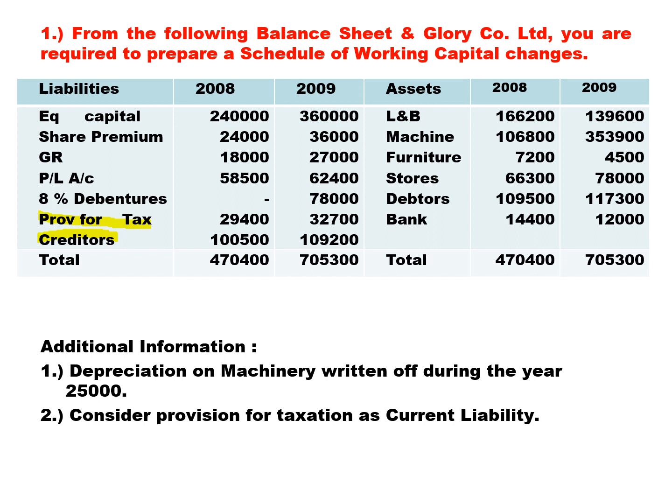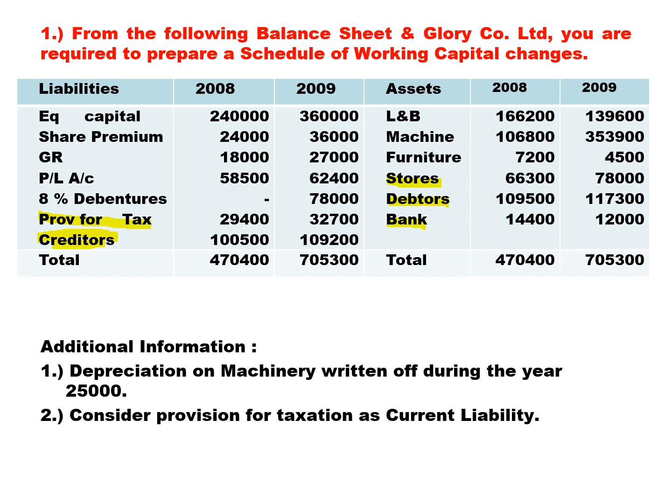Land and building, machinery, furniture: ignore. Stores, consider as current assets. It's nothing but stock. Debtors and bank, consider as current assets. So we have 3 current assets and 2 current liabilities.